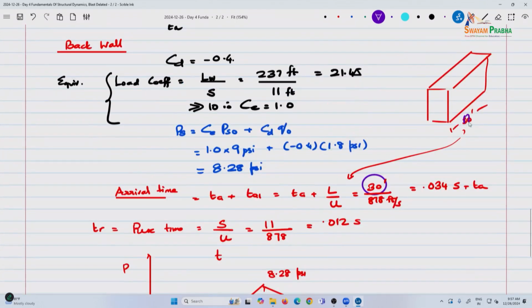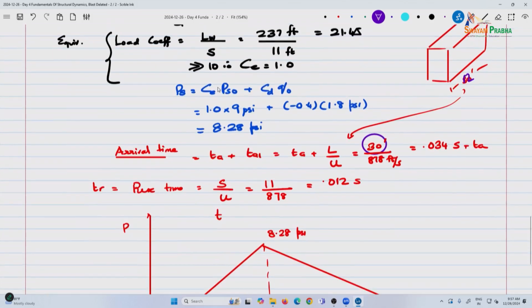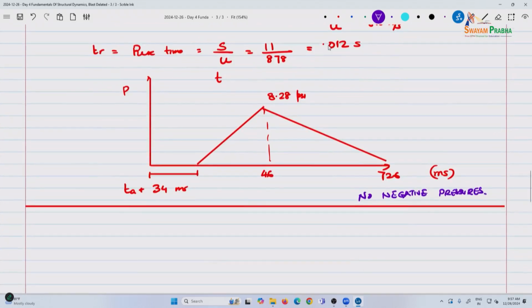This was 12 and this was 30. So this is the greater of... let me go back and check, but that should be 30 there. I'll confirm that. But other than that, you're right. You can recalculate those values, especially if it is very long.